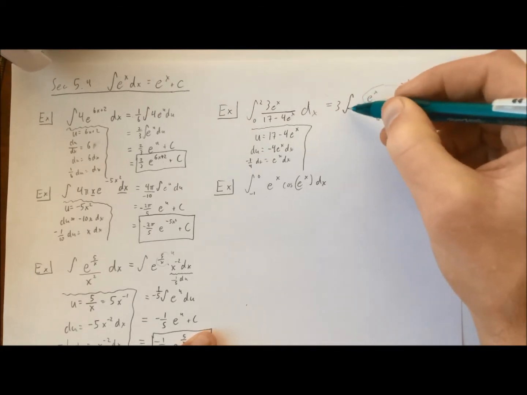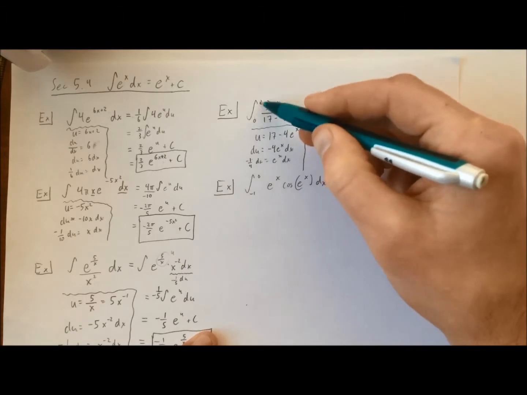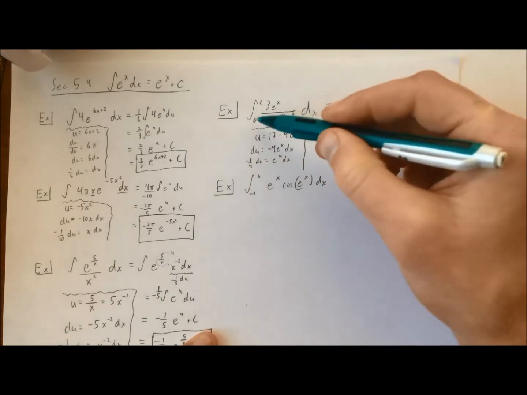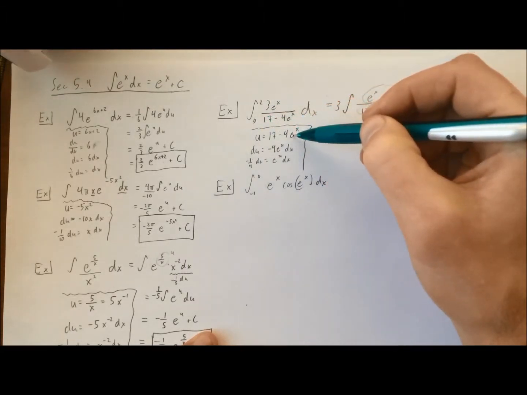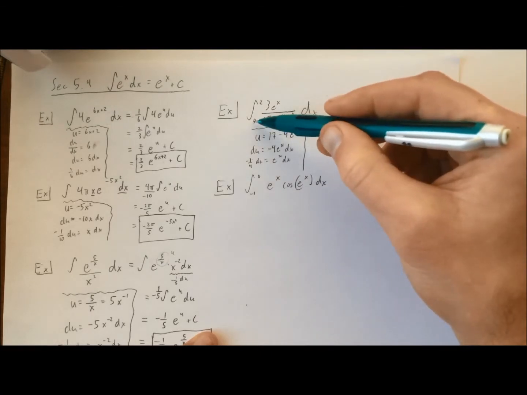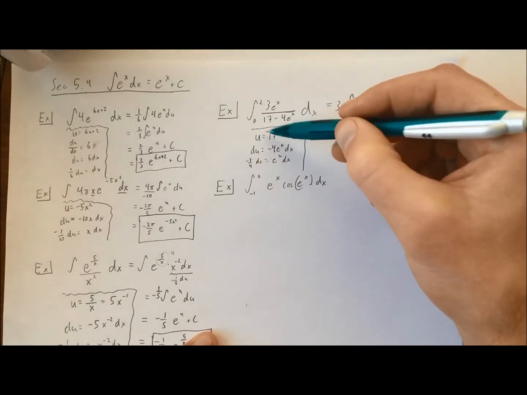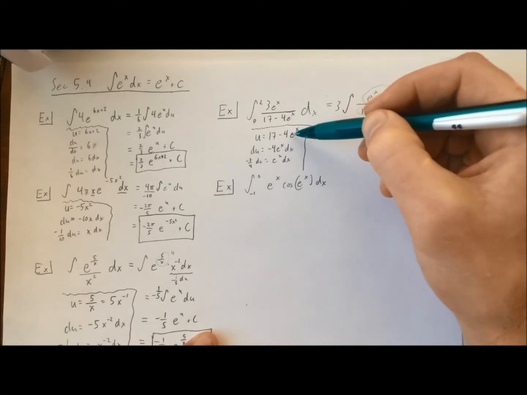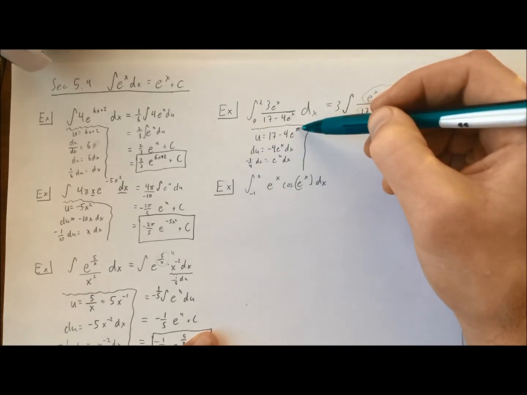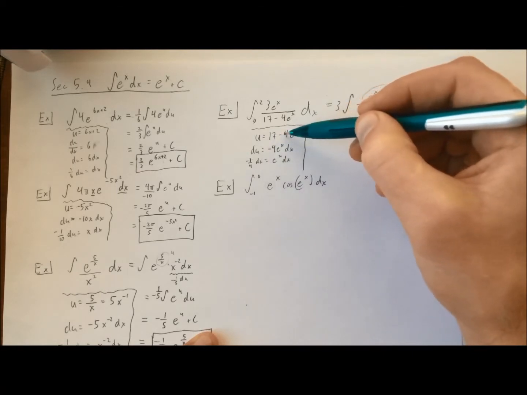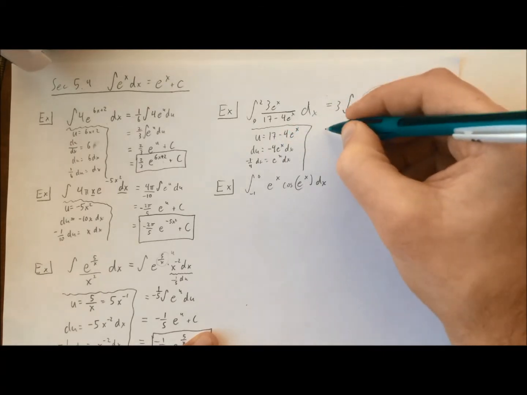Now, you'll notice I am dropping the limits for the time being. That is fine. I can if I want to plug them in here. If I were to plug them in here, 0 plugged in right there is going to give me 1. So 17 minus 4 times 1, we'll go ahead and use them.